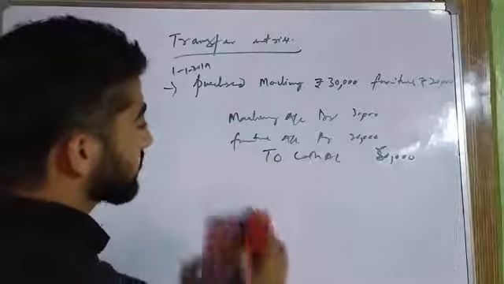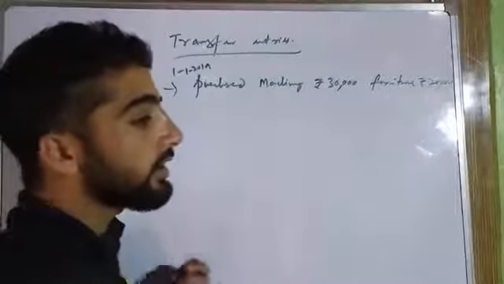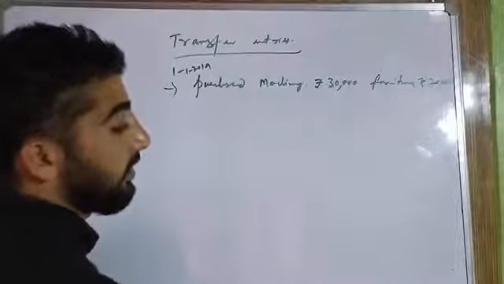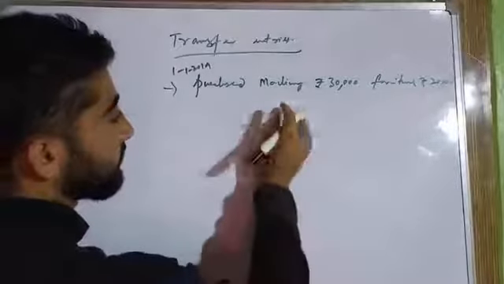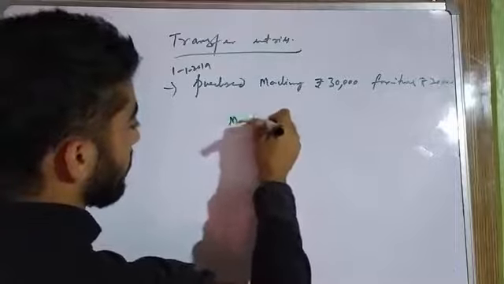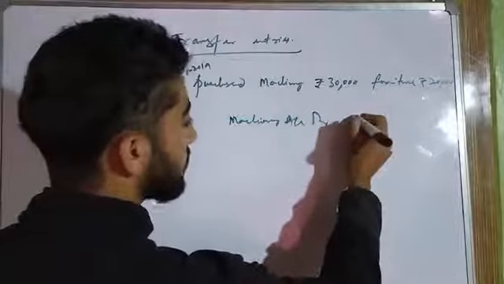But for example, we did a wrong entry for this transaction. We did wrong booking. What we did? We debited a whole amount in the machinery account. Machinery account debit 30,000 plus 20,000, whole amount.